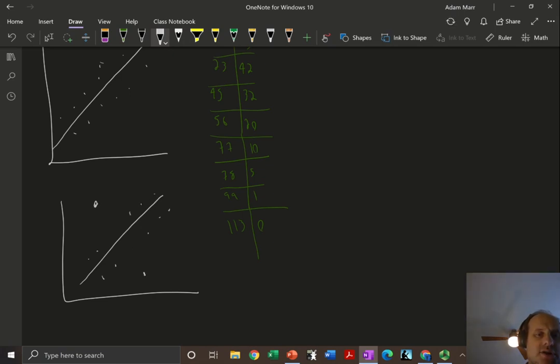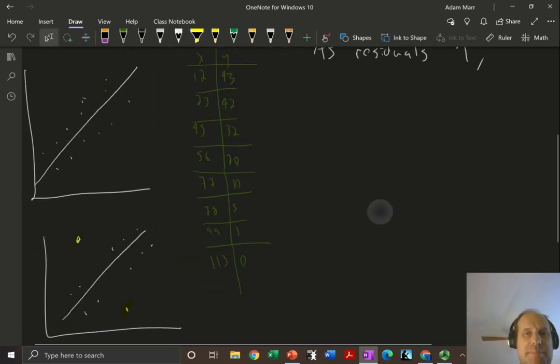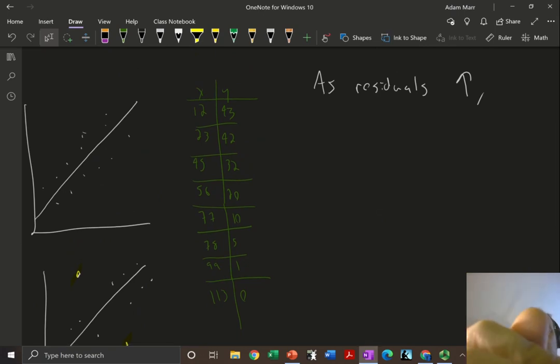If the residuals increase, what's going to happen? Well, I'll tell you. R squared will go down. R squared will decrease.